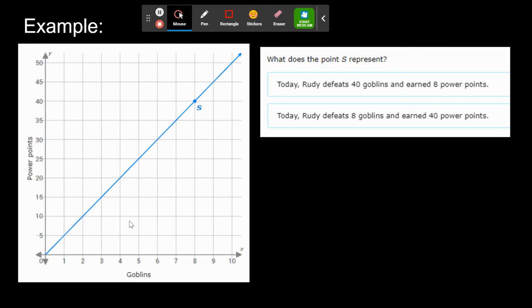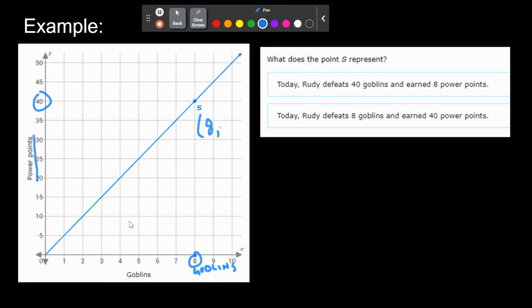And all we're going to do is determine what this point S is. Well, let's see. How do we get to S there? We are going over 8, which represents goblins. So that's 8 goblins. Okay, this point is 8, and that X represents goblins. And it goes up to 40, right? 40 right there. 8 goblins and 40 power points.